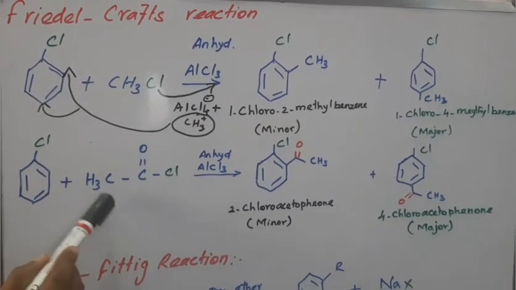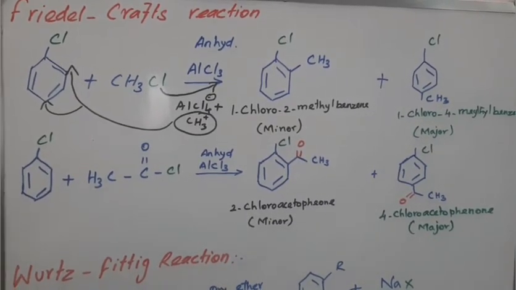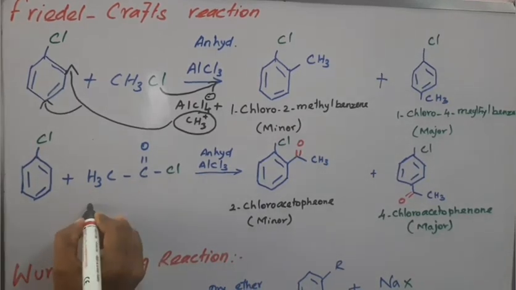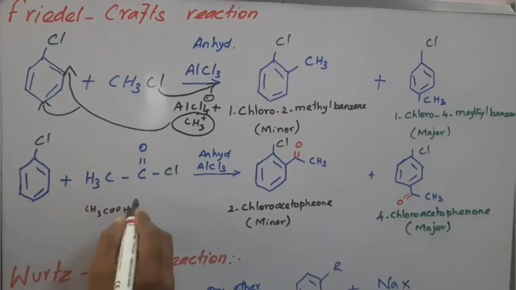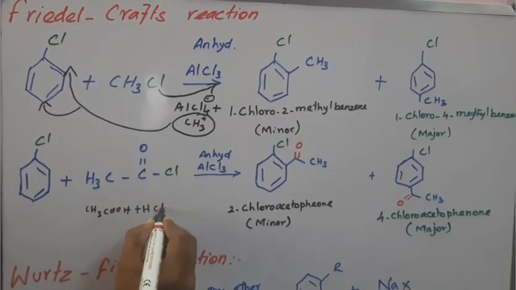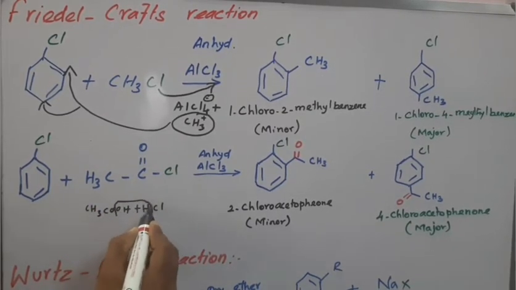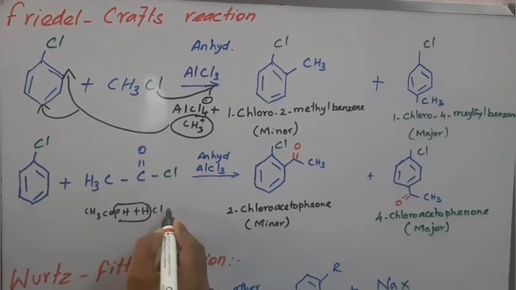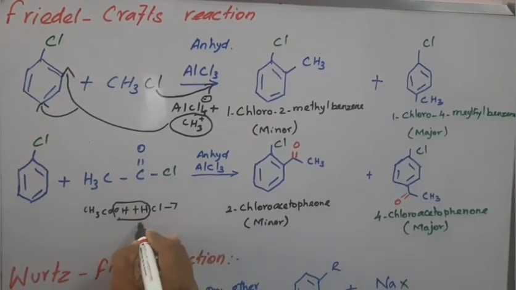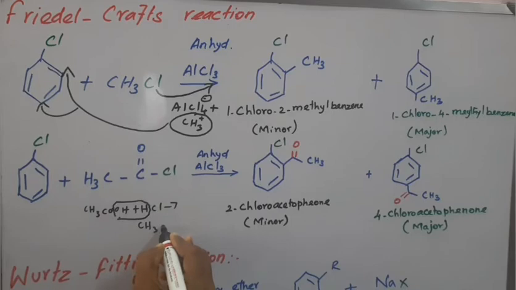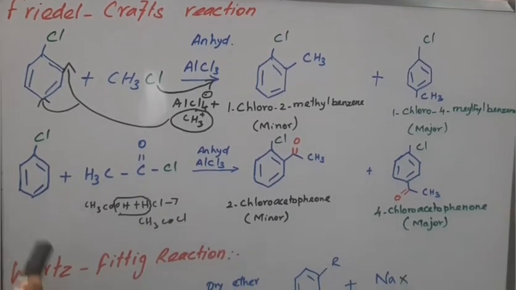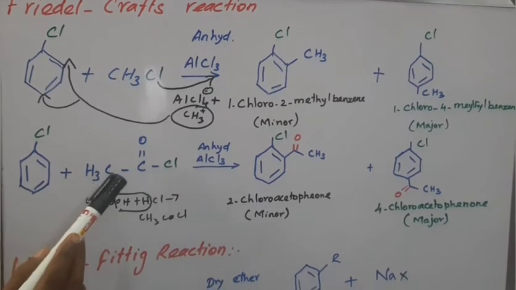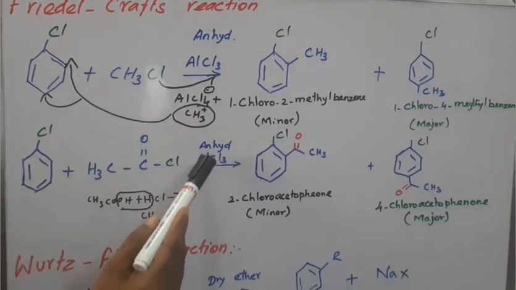Haloarenes react with acyl chloride. How do you get this acyl chloride? CH3COOH, this is acetic acid, reacts with HCl to form H2O and the acyl chloride CH3COCl. Haloarenes react with acyl chloride in the presence of AlCl3.